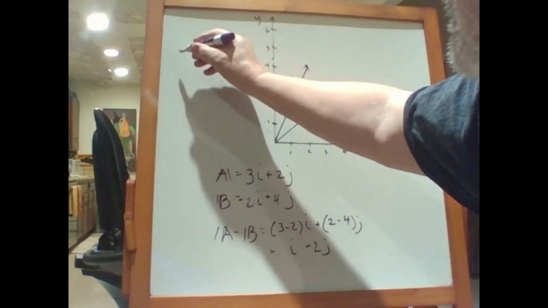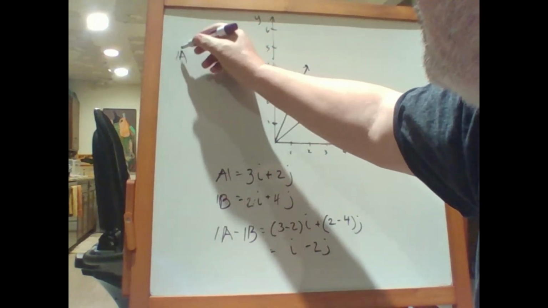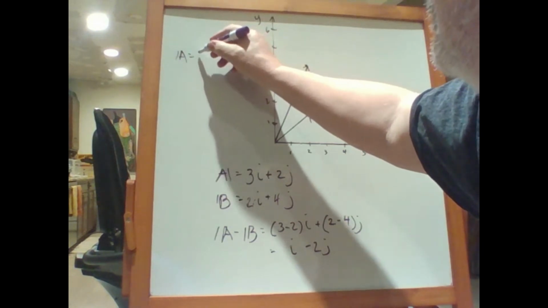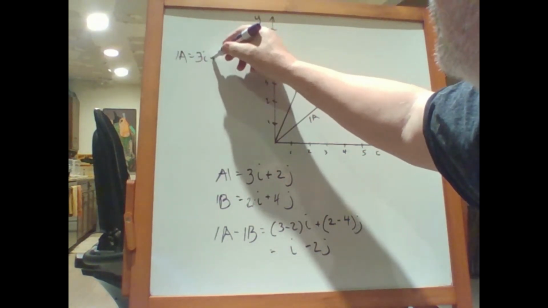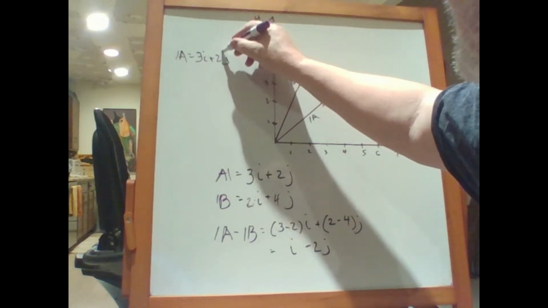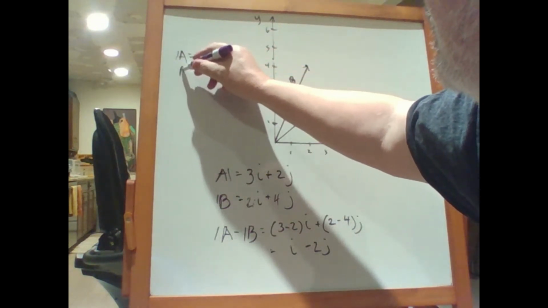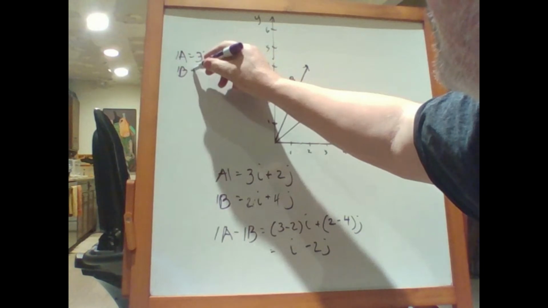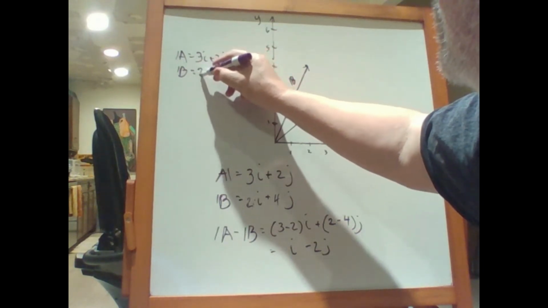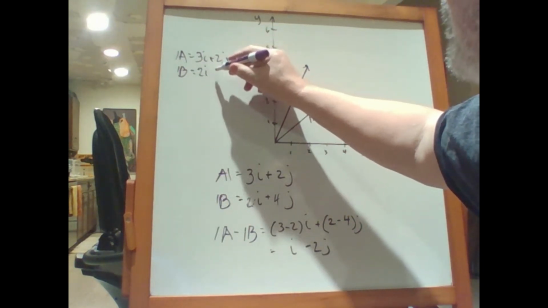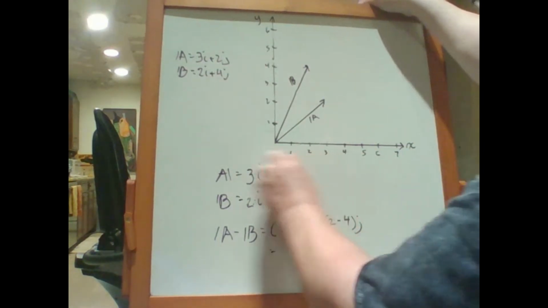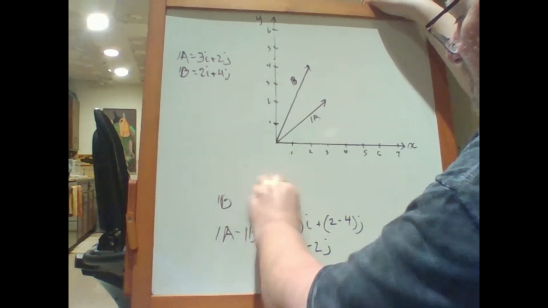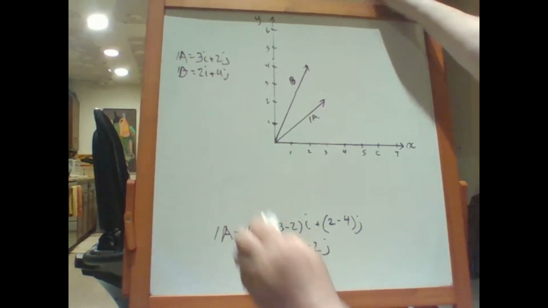So the resultant would be, let's write up here so we preserve our A equals 3I plus 2J, and B is equal to 2I plus 4J. So we can make some room here. This is our resultant.